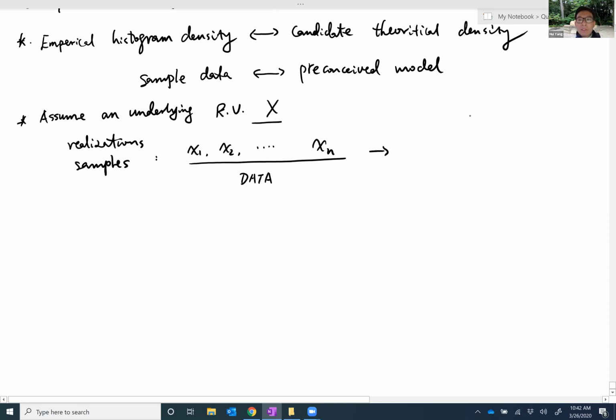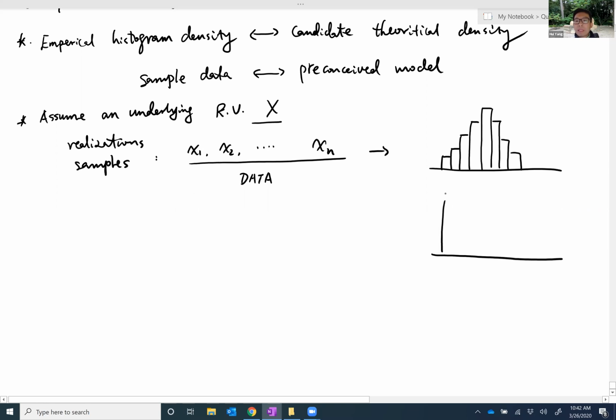Then one graphical tool we can use is the histogram. So let's see, we might have a histogram that looks like this. Okay, we might also have a histogram that looks like this.